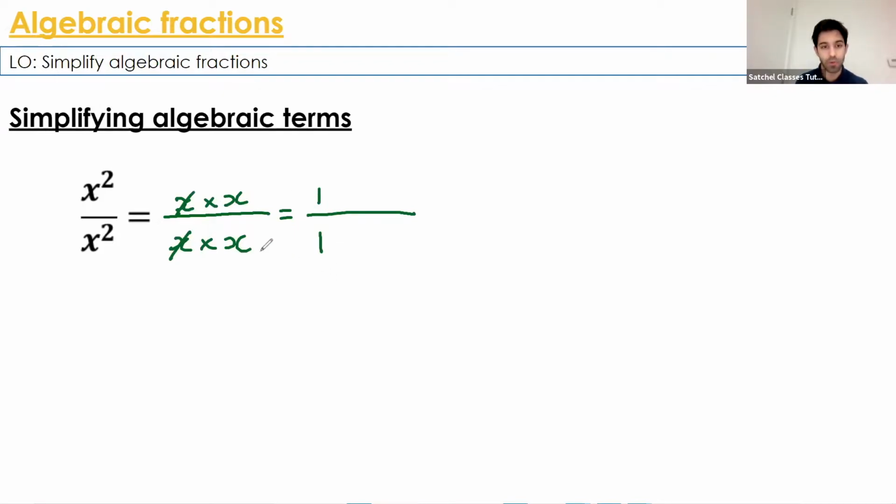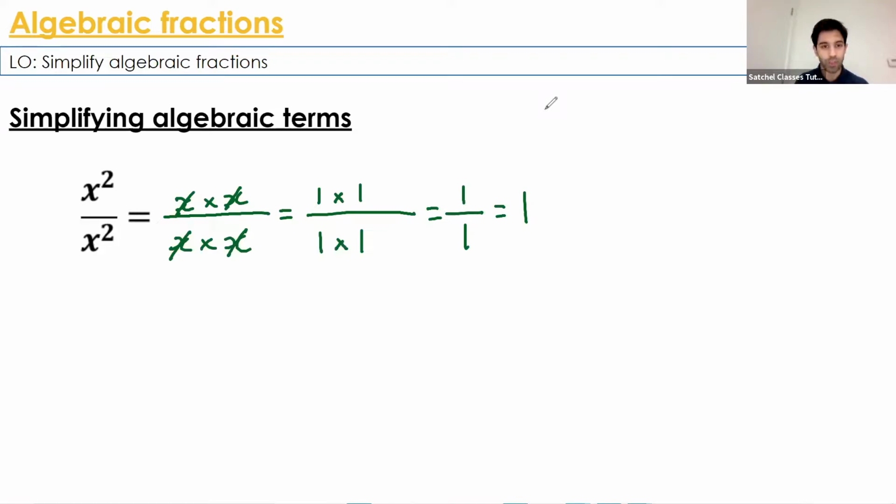It's going to be 1 over 1, and then times x times x. Well, this x and this x will cancel out. So what we'll have is 1 times 1 and 1 on the bottom. So every time we cancel out two terms, they simply become 1. And 1 times 1 is 1, 1 times 1 is 1, and 1 divided by 1 is simply 1. So we need to be very good at cancelling out terms that are alike.